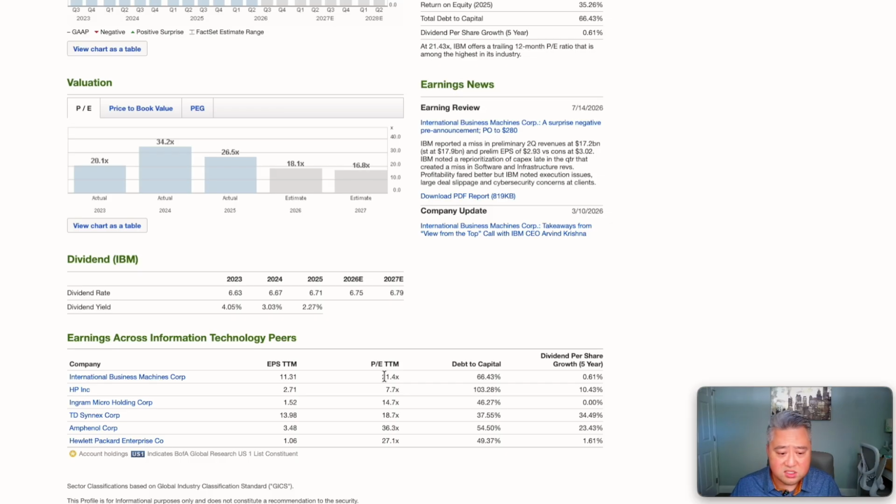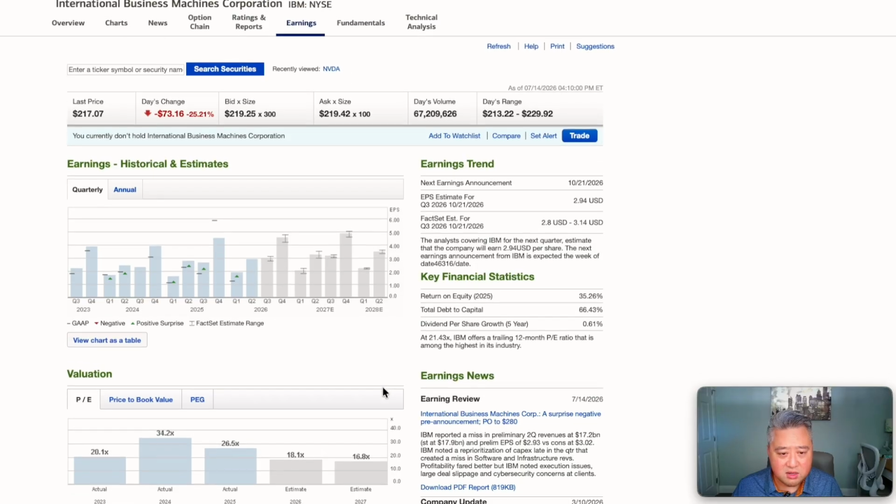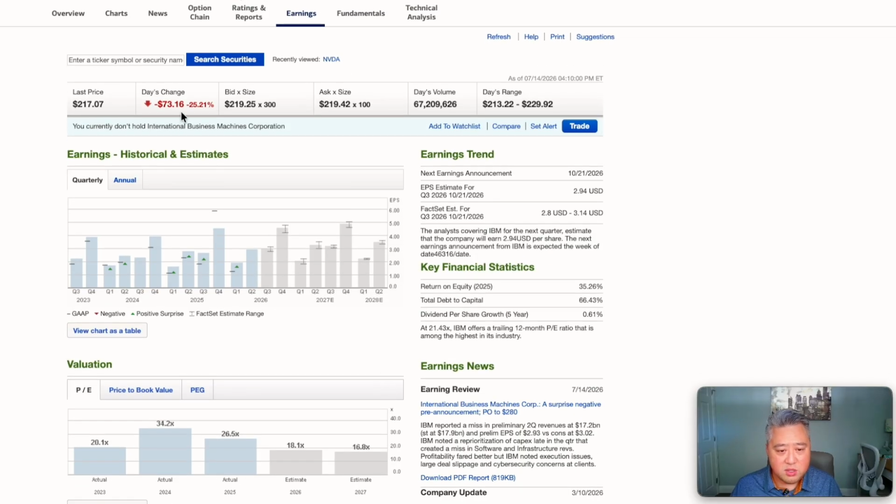It seems relatively expensive compared to its peers, and that's reflected here, like in HP Enterprises, things like that. So far, not too exciting about IBM, and I can see why people pulled back on it to bring that PE back into a more fair range for its price.